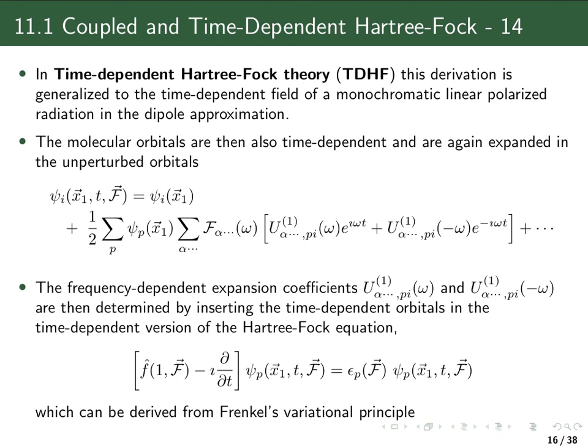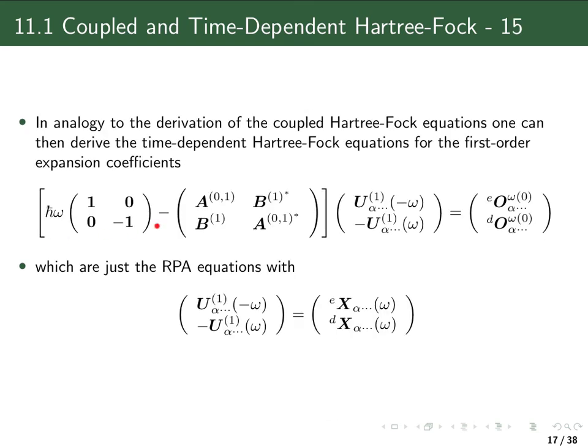There is a slight complication because we have the time derivative here, but at the end, we arrive at these equations here, which are the time-dependent Hartree-Fock equations, a set of, again, inhomogeneous linear equations from which we can determine the elements of these U matrices as the solution.